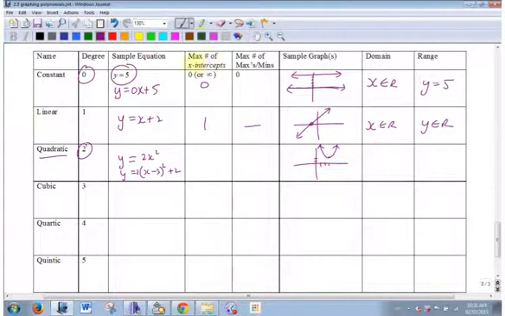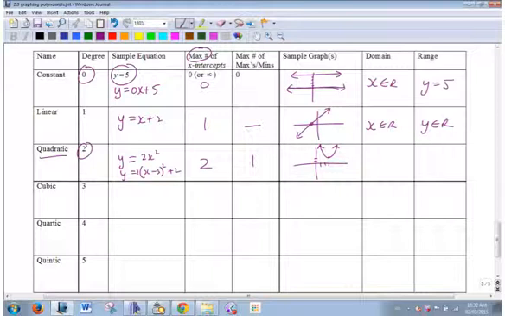How many x-intercepts could I have with a parabola? 2. That's it. This one has none, that's okay, but the maximum number of x-intercepts is 2. It could have a max or it could have a min, but it can only have one of either.